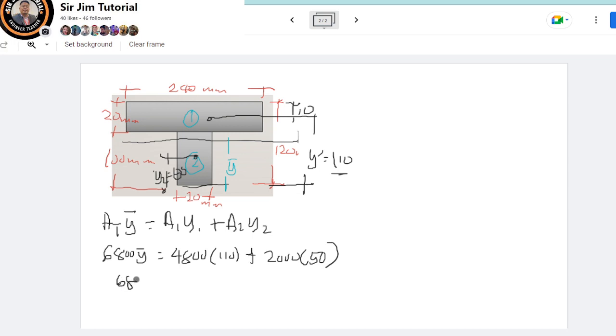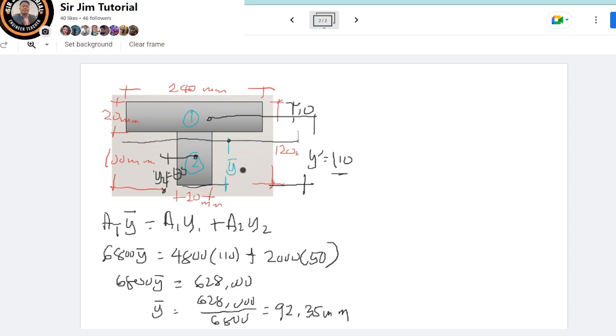This is 6,800 y bar, and this one will become 628,000. Use your calculator. So y bar is 628,000 divided by 6,800. So meaning y bar is 92.35 millimeters. So meaning from here it's 92.35.